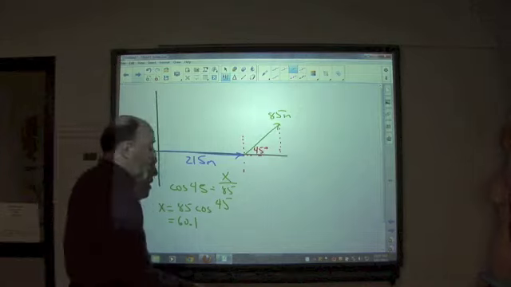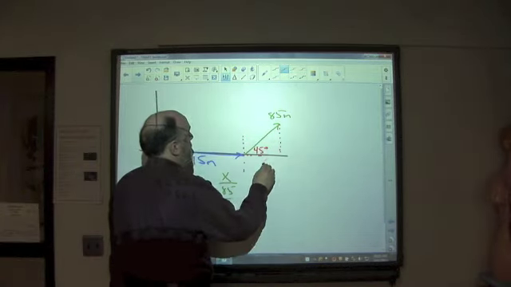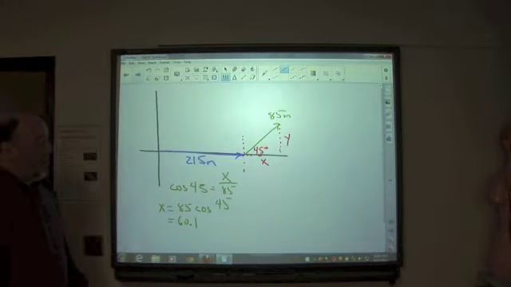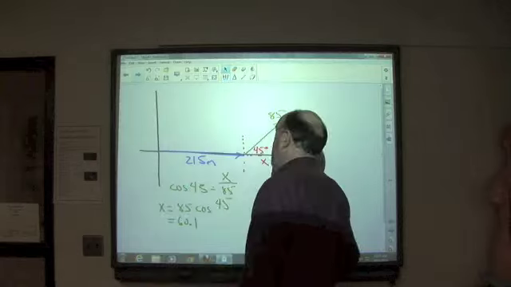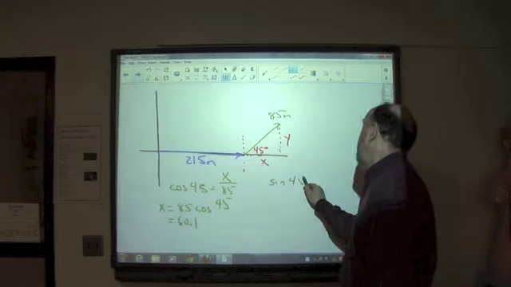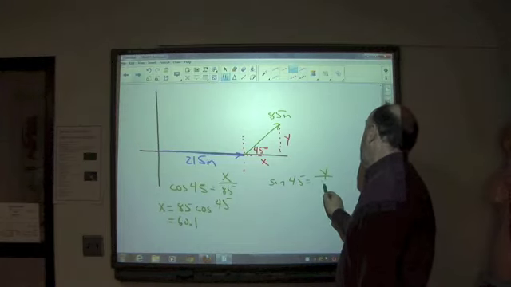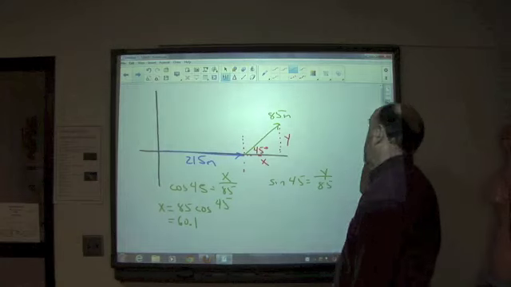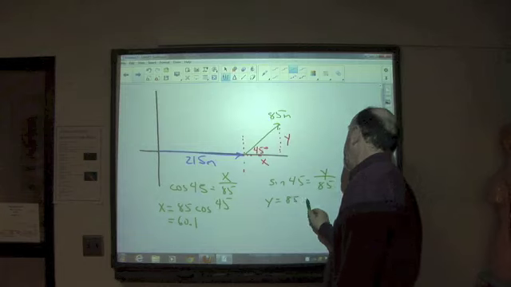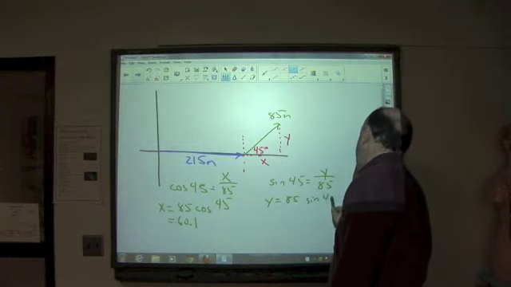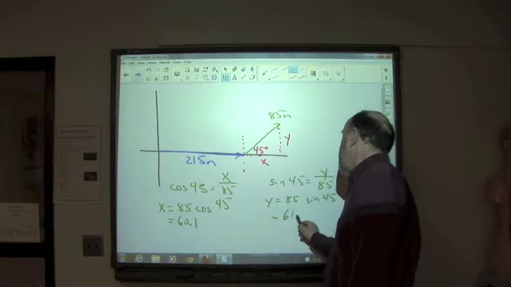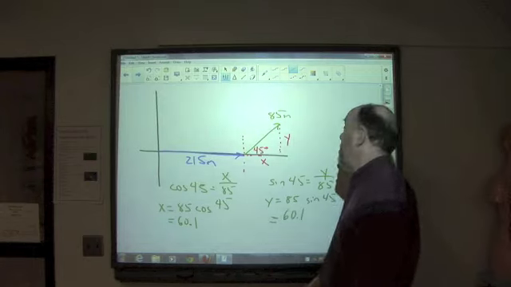So that'll give us the x part of this. We can also find the y part, and as we did in the previous problem, we'll use sine, and we get the sine of 45 is going to equal y over 85. And so y is going to equal 85 sine 45. And that also comes out to be 60.1.